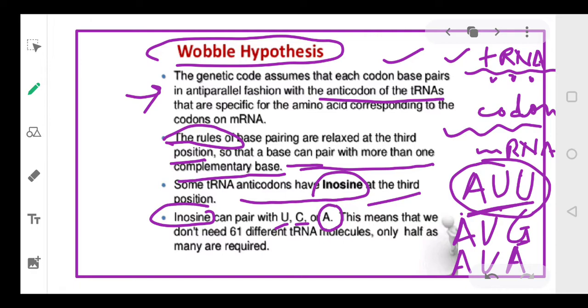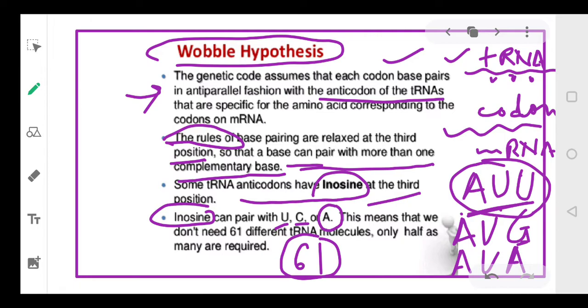This means that if we have 61 sense codons, or 61 codons coding for the amino acid, right? So we do not require 61 tRNAs.